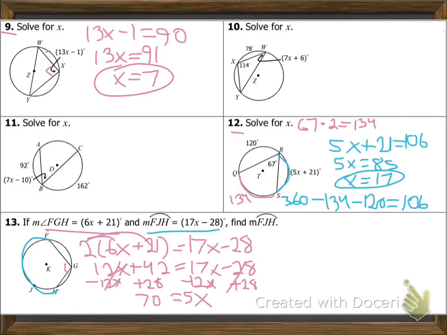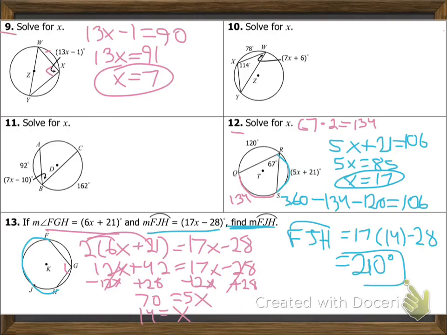You divide by 5, and x is going to be equal to 14. So remember, that's not my final answer, because I need to find the measure of the arc itself, so FJH. So take that x and plug it in. So to find FJH, we're going to have 17 times 14 minus 28. So crunch those numbers real quick, and you're going to get 210 degrees. So 210.